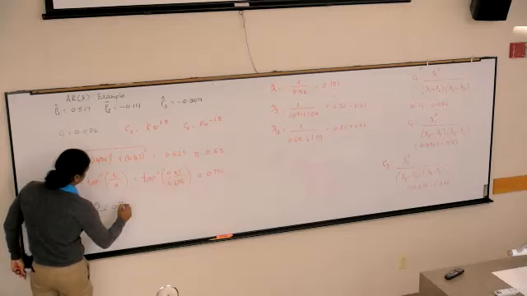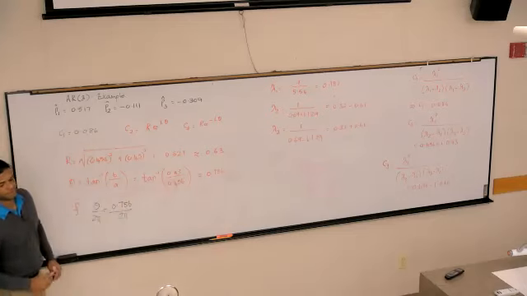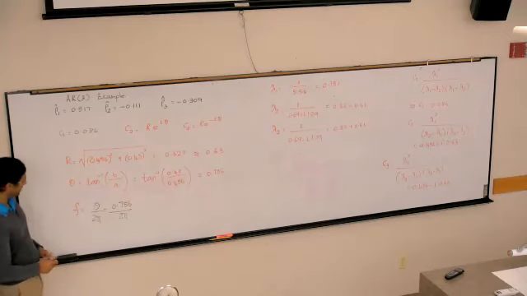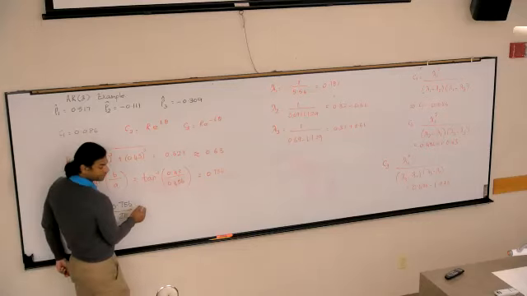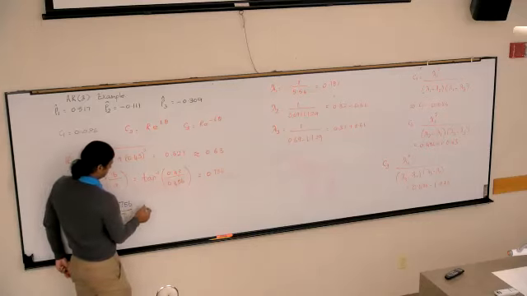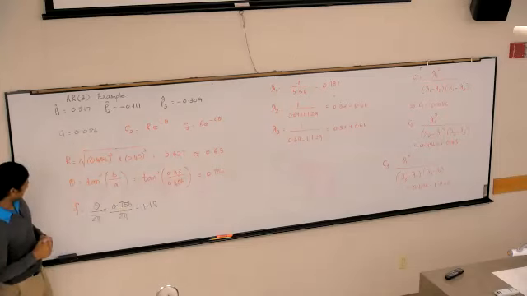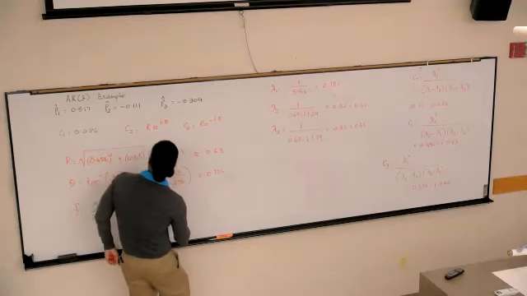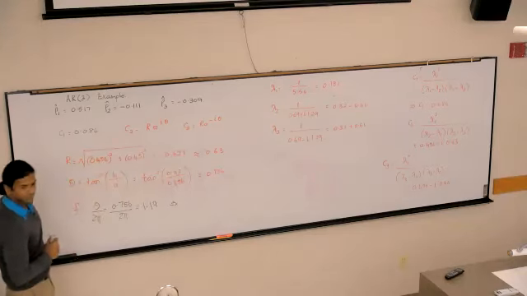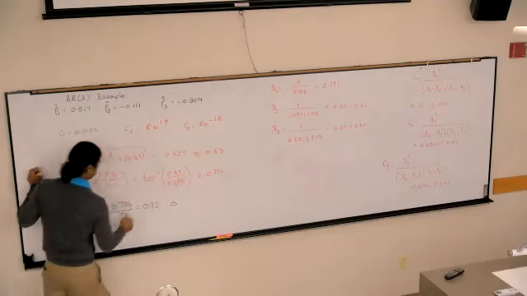System frequency is 0.756 divided by 2 pi, which equals 1.19, sorry, it should be 0.12, because 1.19 doesn't make sense.